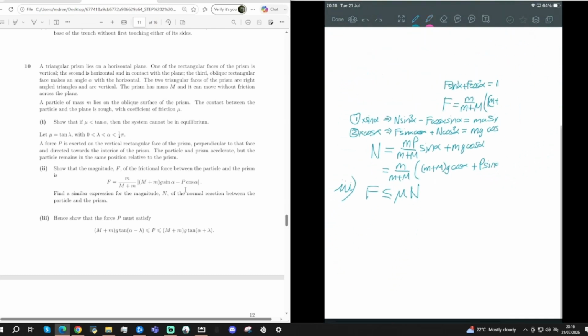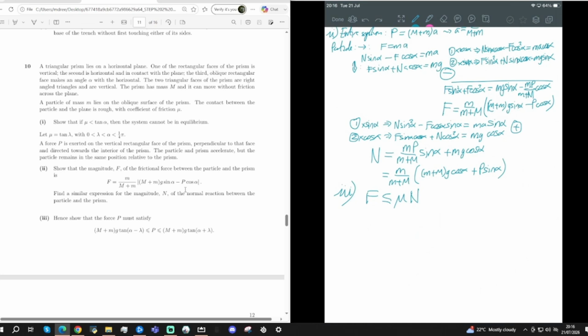And now this is quite a nice equation because now we can just sub in all the stuff we know. And I'm going to immediately cancel the coefficients, the m over m plus M. So the F is this thing, and that's less than or equal to (m plus M) g mu cos alpha plus P mu sin alpha.